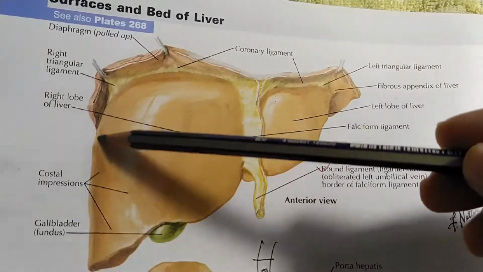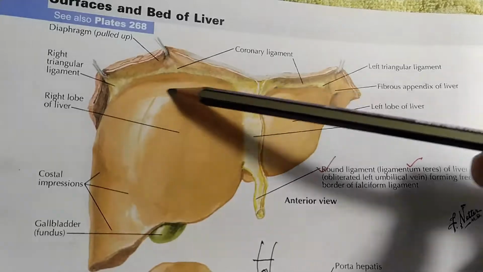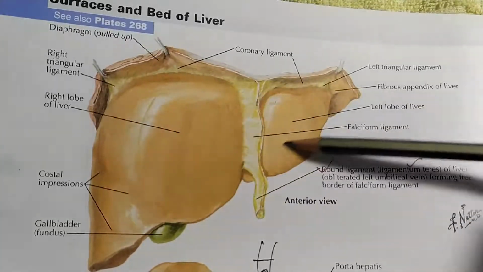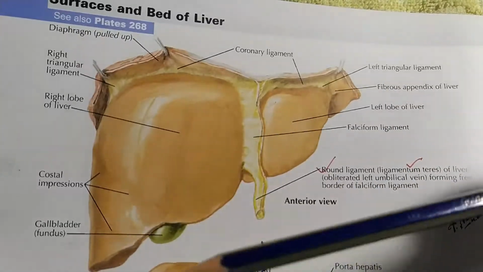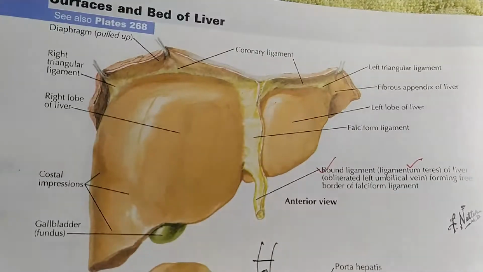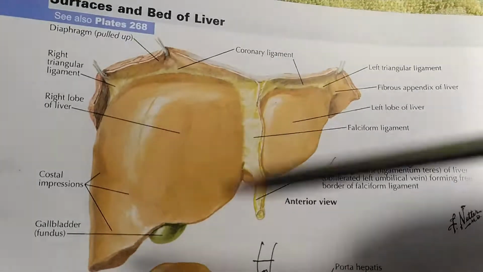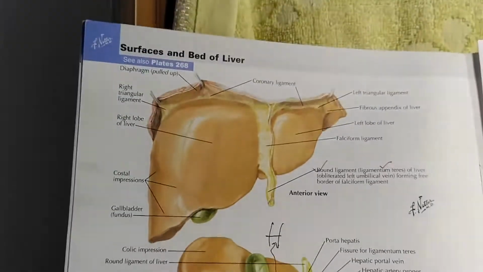The surfaces are the right lateral surface, superior surface, anterior surface, posterior surface and inferior surface. The posterior surface is totally retroperitoneal. There is no peritoneal covering here.